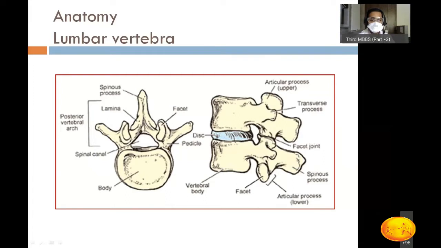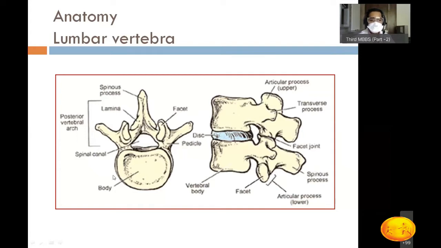So the superior articular facet articulates with the inferior articular facet of an upper vertebra, forming a facet joint. So these are synovial joints throughout the spine, formed by the superior articular process of an inferior vertebra and the inferior articular process of a superior vertebra. Plus there is a disc which holds 2 vertebrae anteriorly.